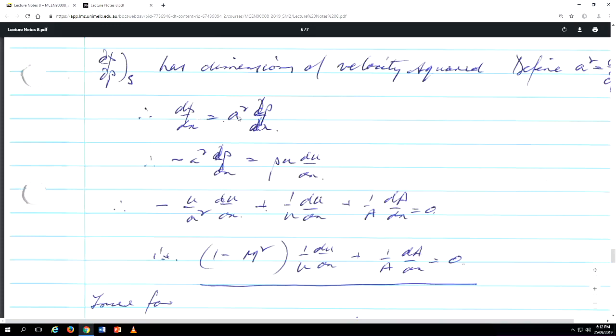Instead of dP dx, I'm going to write a squared d rho dx. So minus a squared d rho dx is equal to rho u du dx. And therefore, in that equation for conservation of mass, instead of 1 upon rho d rho dx, I'm going to write minus u over a squared du dx. So minus u over a squared du dx plus 1 upon u du dx plus 1 upon A dA dx is equal to 0. That is enormously significant.